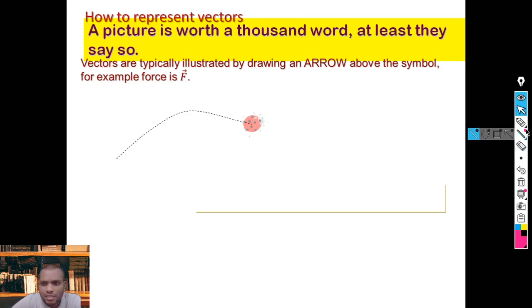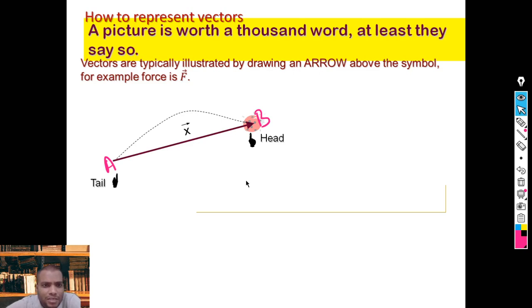This is the initial, starting position, and this is the final position. To find the displacement, how do we define displacement? Displacement is nothing but the shortest distance between A and B. If you draw an arrow, this arrow is a vector which represents displacement.